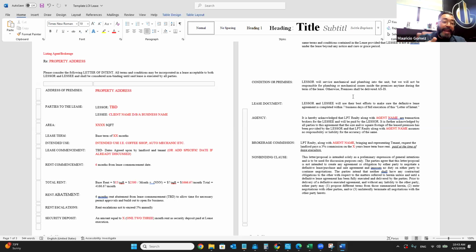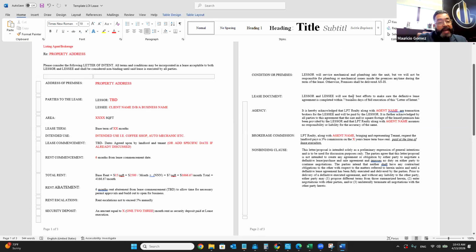As long as they're maintaining regular service on these things, that's their responsibility. But outside of the premises, it's the landlord's responsibility. Otherwise, it's usually as is. That's why there's build out. That's why there's tenant improvement. That's why there's a lot of different things and factors that can be negotiated.